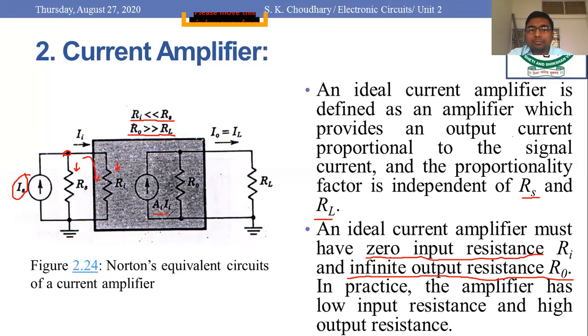Similarly, as we have put up the condition, R0 is very much larger than RL, and both are parallel networks. So this current AI Ii would flow directly across RL instead of R0. There is no current flowing through the high resistive path. So the whole current of AI Ii flows across RL, and that is equivalent to the IL or I0.